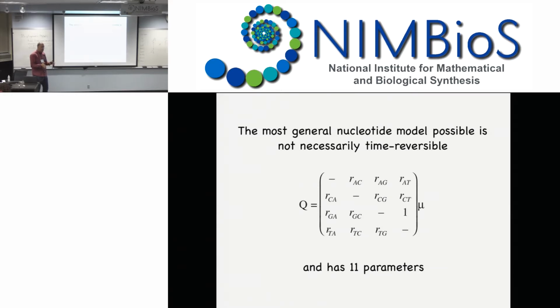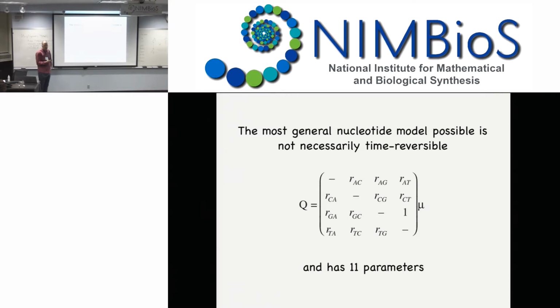But there's no rule that's been written down by somebody like Felsenstein saying that you can only use time reversible models. You can use non-reversible models. And this would be an example of a non-reversible generic 11 parameter model. If you were to calculate the likelihoods on this tree, you'd have to do two things. First, you'd have to deal with rooted trees in computer memory. And secondly, you'd have to figure out what the stationary probability is for that rate matrix.